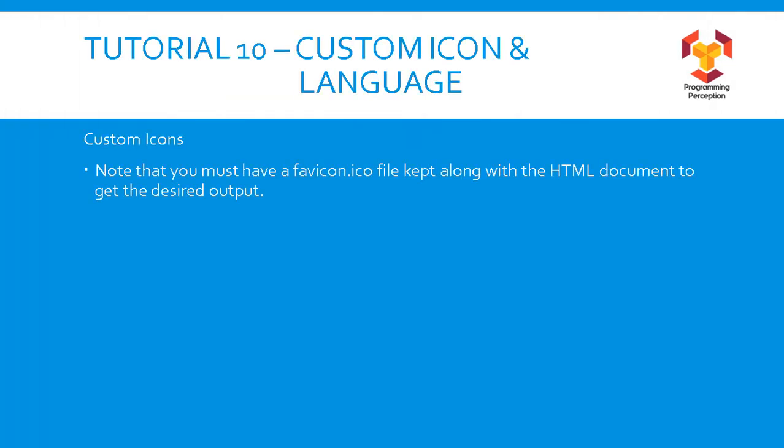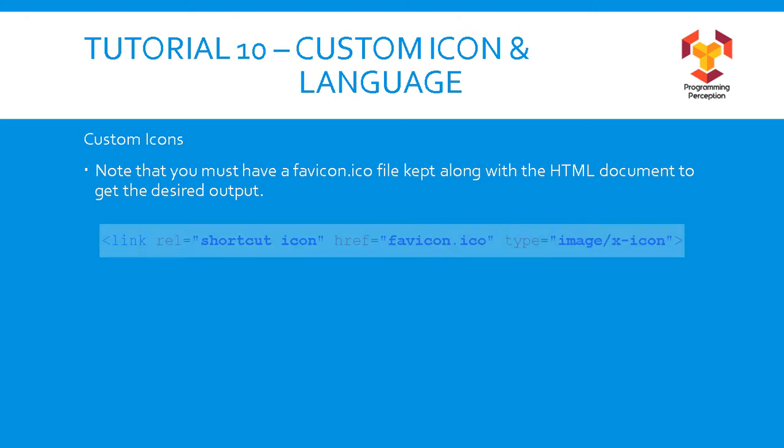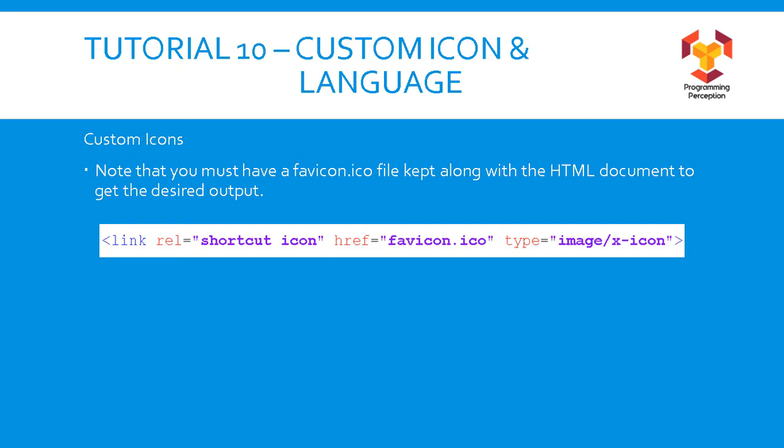Now, custom icons are used in ICO format, and to show what I have done, for your example, I am using a favicon.ico file. You can see the href. This favicon.ico file is shown as an icon on the browser tab. The element that I have used is the link element.